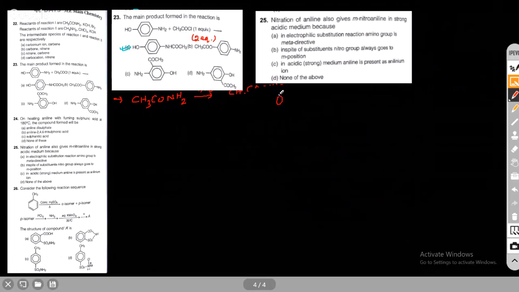We'll get ortho product, meta product, and para product. So the composition here will be around 51% para product, 47 to 48% meta product, and 2 to 3% ortho product here. Approximately this is the product we'll get. So in strongly acidic medium, it is present as what? Anilinium ion, and that's why you also get meta-nitroaniline.